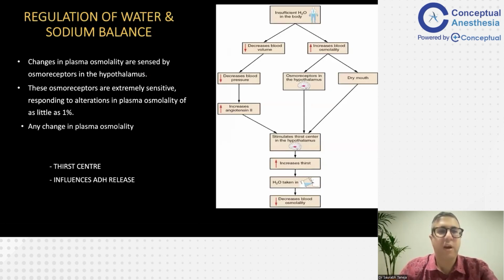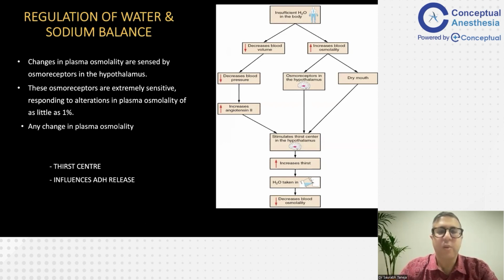Now we should think about how the regulation of sodium and water balance works. Changes in plasma osmolality are sensed by osmoreceptors in the hypothalamus, and these osmoreceptors are extremely sensitive, even to the tune of 1%, and influence ADH release.